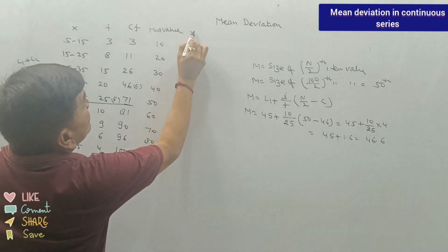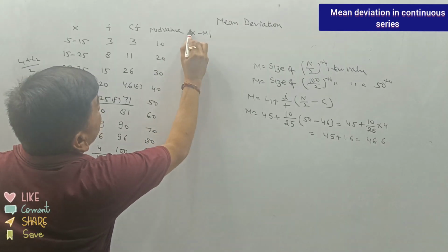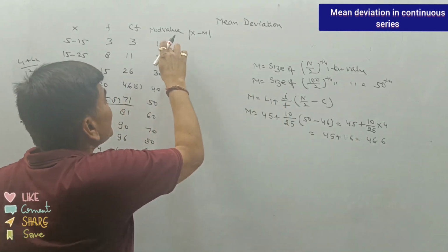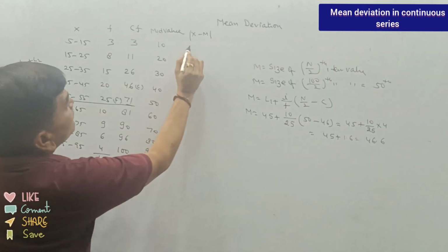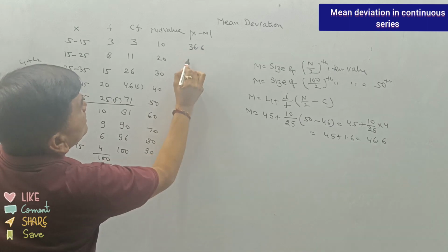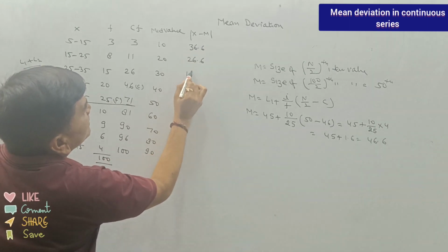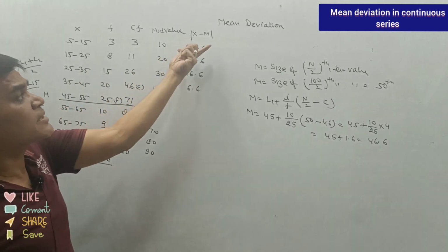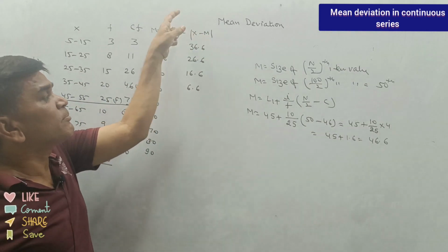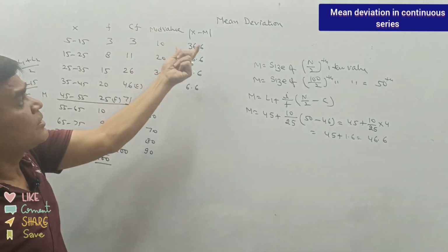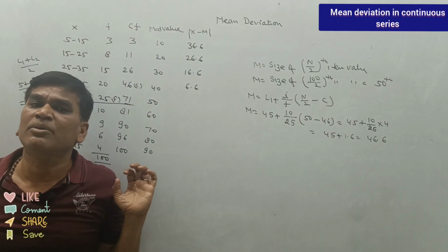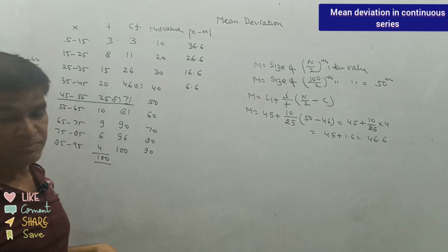Now for x minus median, we subtract 46.6 from each item. That gives 36.6, 26.6, 16.6 and 6.6. We are ignoring the plus and minus sign, so all are treated as positive values.